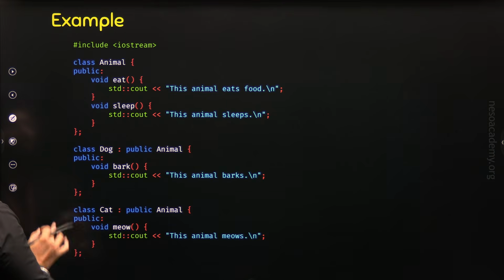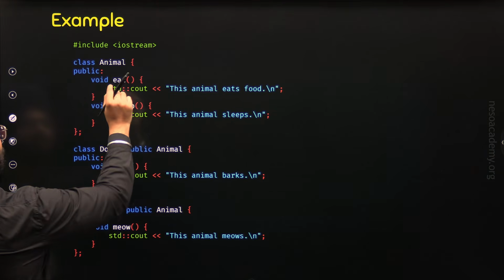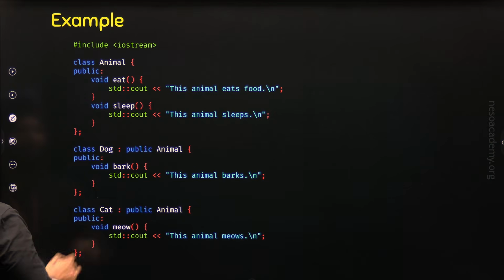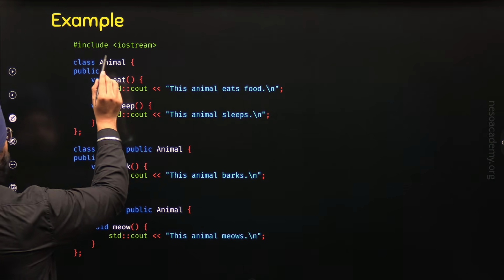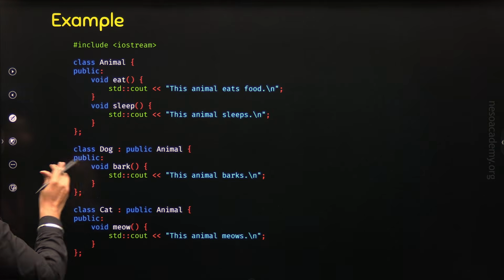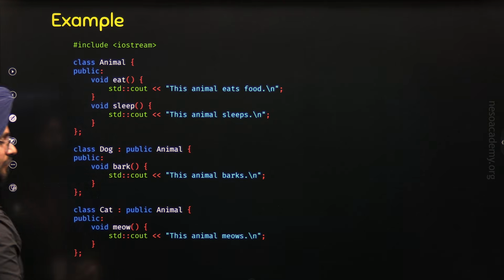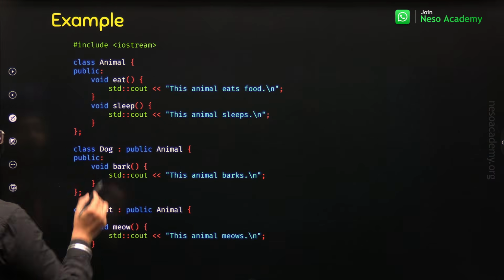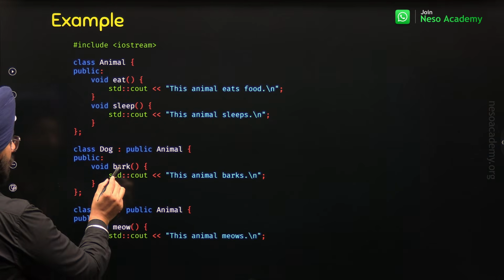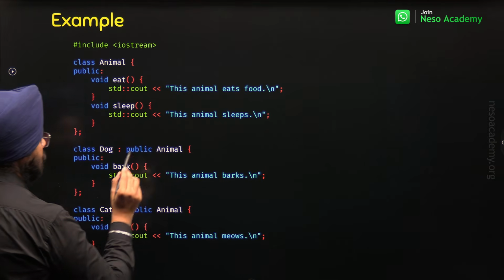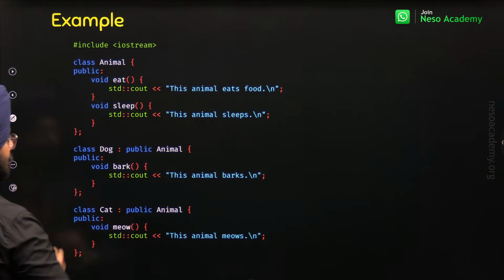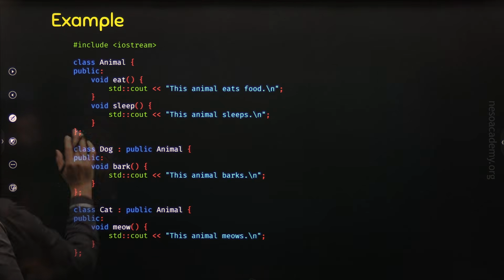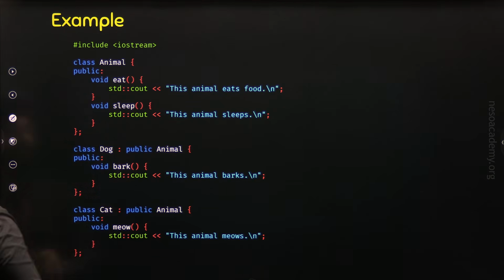Now, this means that dog can access these functions. This is because dog is the derived class of the base class animal, and therefore it can access these member functions. Now inside this class, I have defined this public member function bark that allows us to display this animal barks. This function belongs to this class only. It is unique to this class.